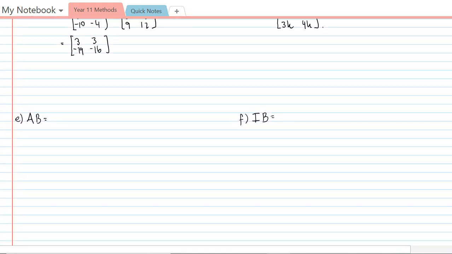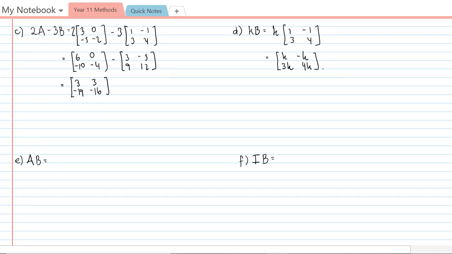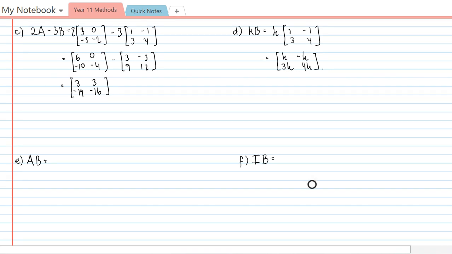Slightly more complicated, the matrix multiplication. So I need to do the matrix A multiplied by the matrix B. So that is 3, 0, -5, -2 multiplied by 1, -1, 3, 4. You might remember this process. We go across the first matrix and down the second one.